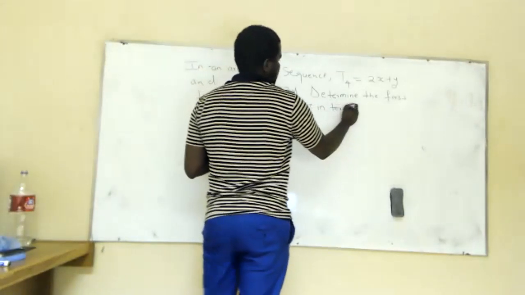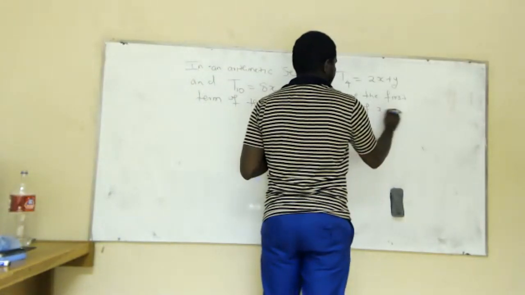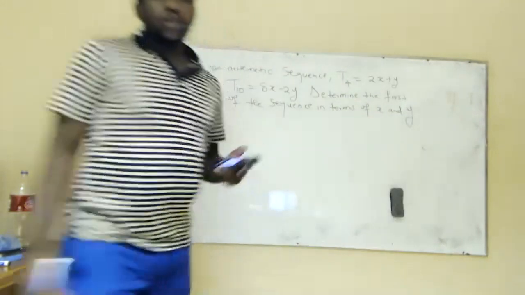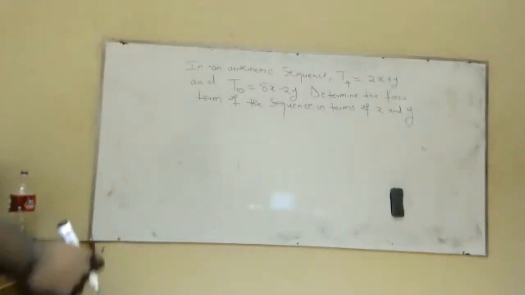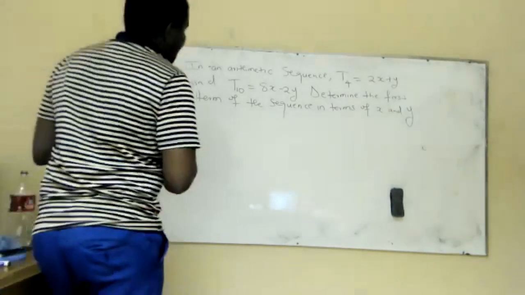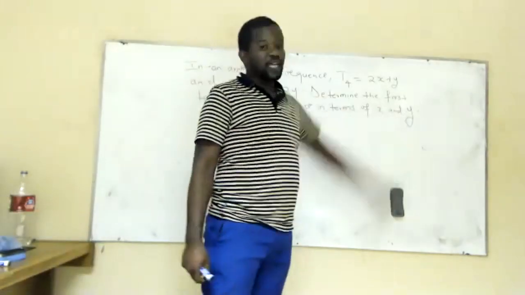in terms of x and y. So this is what we are required to find: the first term of the sequence. But that first term must be in terms of what? Of x and y.